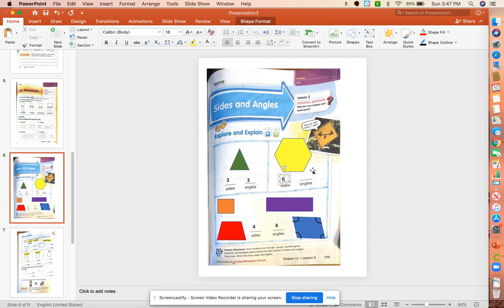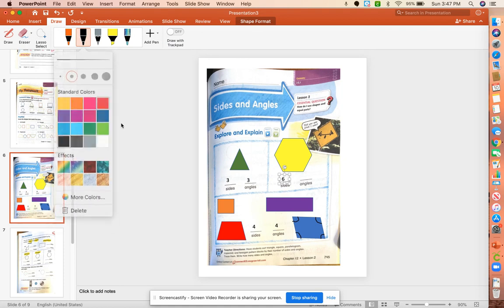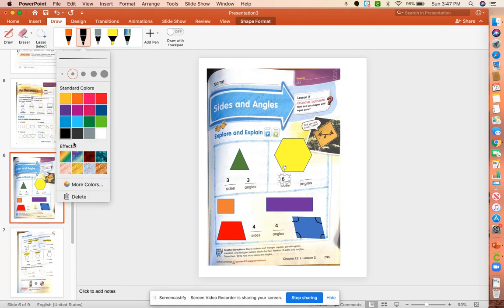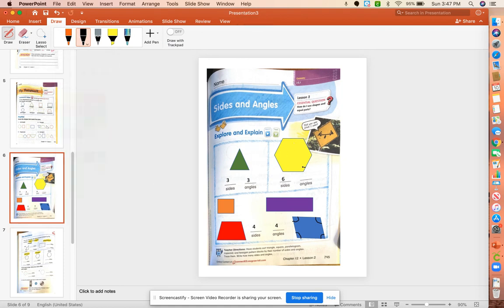So there are 6 sides, and let's see how many angles there are. 1, 2, 3, 4, 5, 6. So there also are 6 angles, 6 sides and 6 angles for the hexagon.